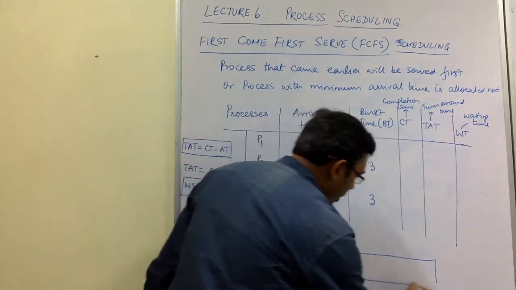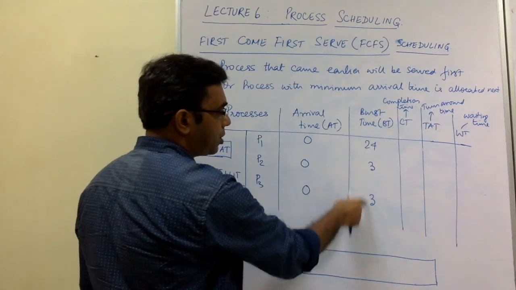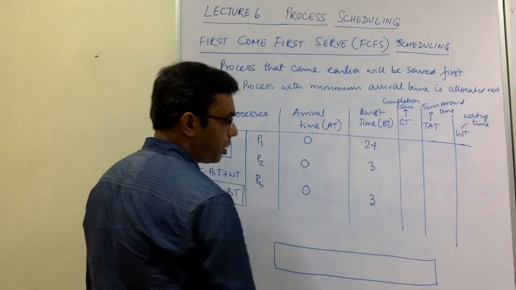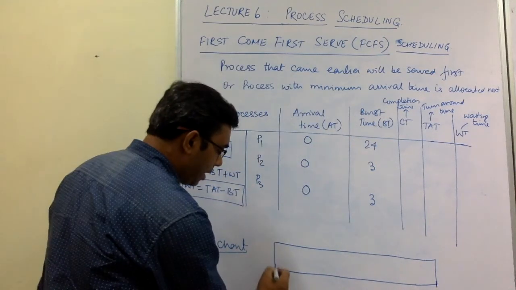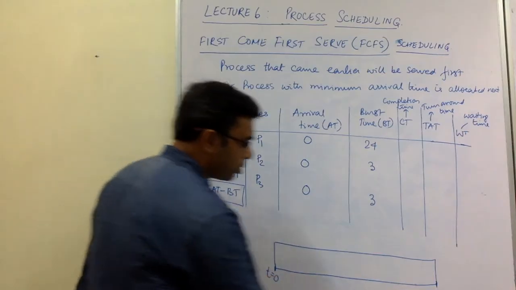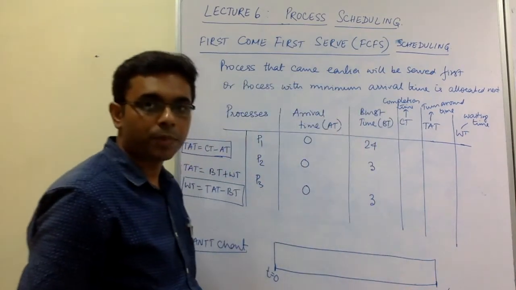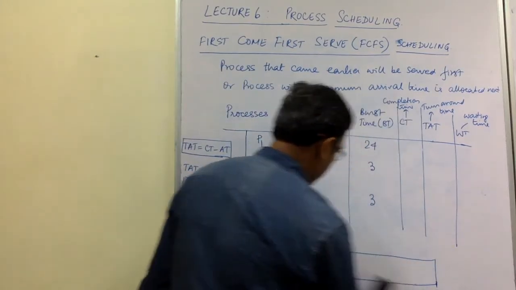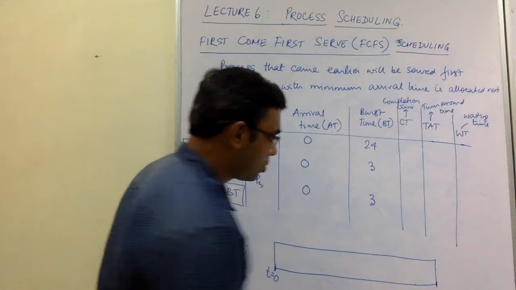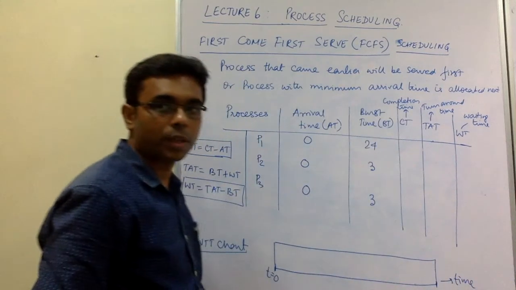So what is the total time range that we'll have? It will be the sum total of all these three: 24 plus 3 is 27, plus 3 is 30. So it will definitely end at 30, and it will start at time instant t equal to 0. Let's write it here, this is time.